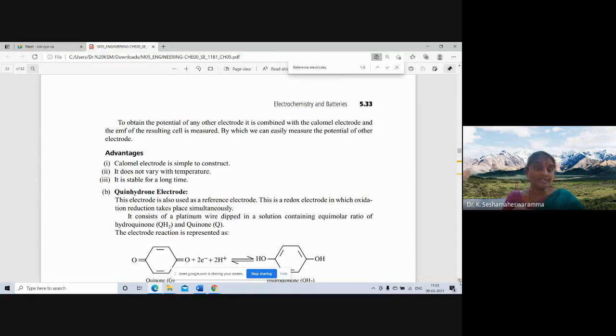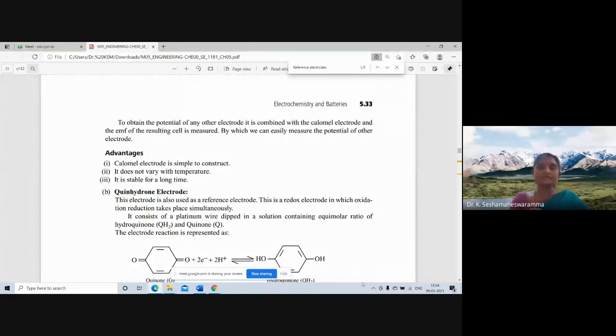What are the advantages? Calomel electrode is simple to construct. It does not vary with temperature. It is stable for a long time. It can be easily constructed.